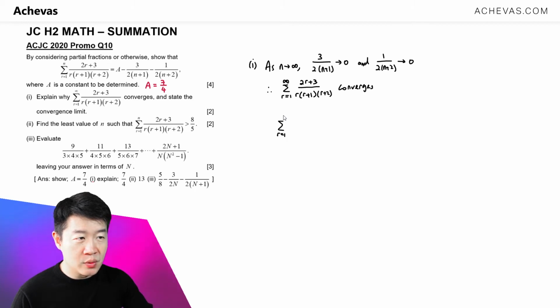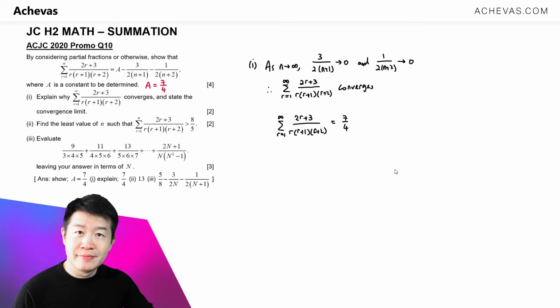The summation from r equal to 1 to infinity of 2r plus 3 over r plus 1, r plus 2 is going to converge to the value of a. So we can just state this is equal to 7 over 4, which should be 1 mark here and 1 mark here.